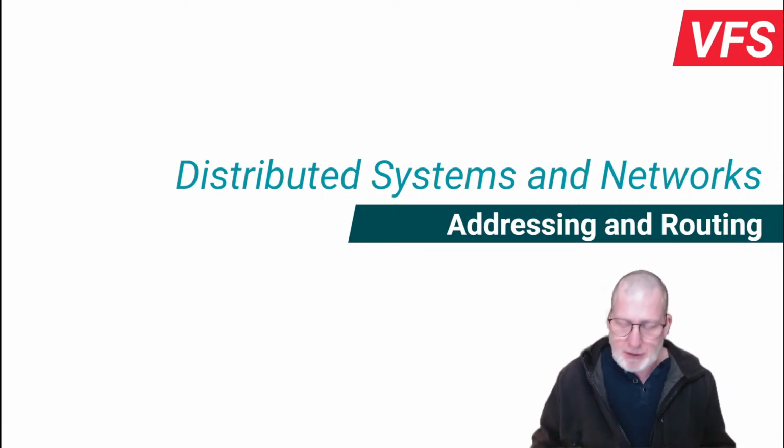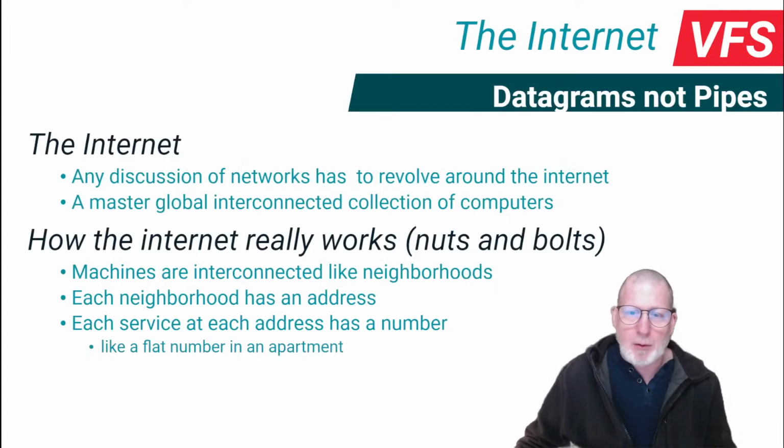Now, it all starts from the premise that you have an interconnected network of computers. And when we mean interconnected, we mean we've got the physical connection to allow us to talk between two machines. And that's really what we're talking about when we're talking about the internet.